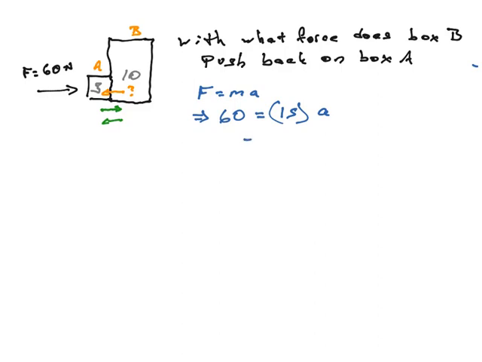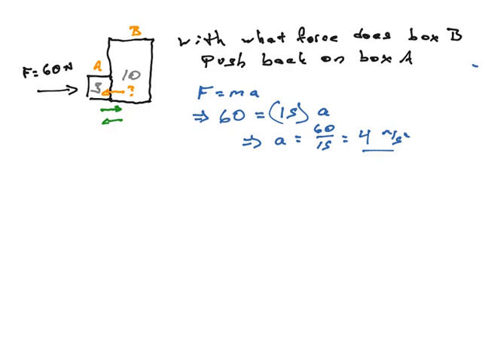I just solved this little equation here. Acceleration is 60 over 15, which is 4. So what do I know? I'm applying a force to this system. The system has a total mass of 15, so the system will move with an acceleration of 4.